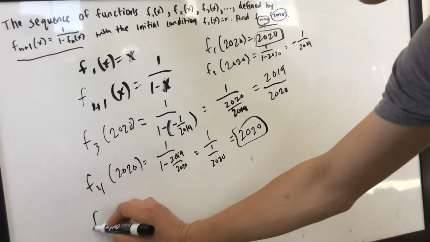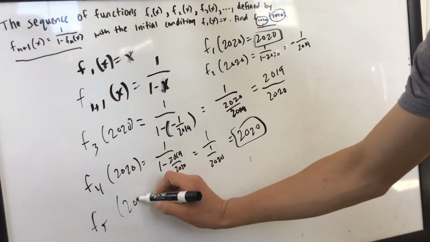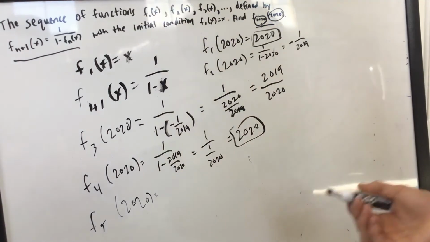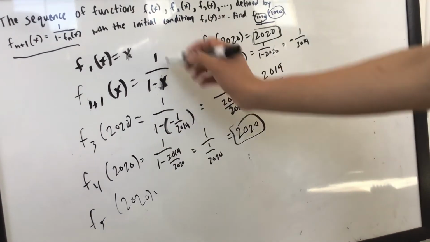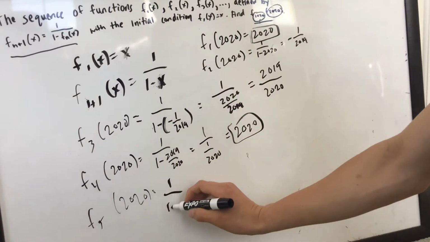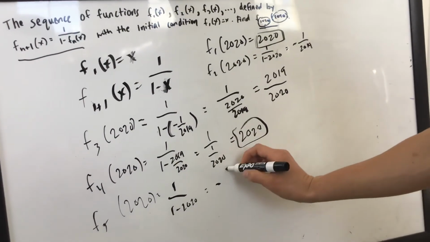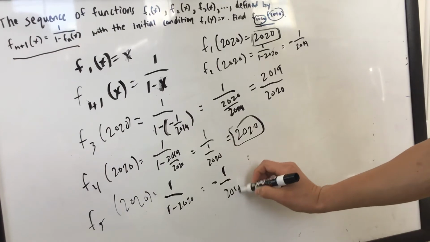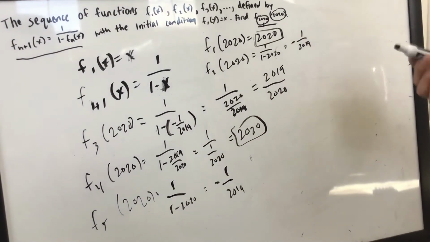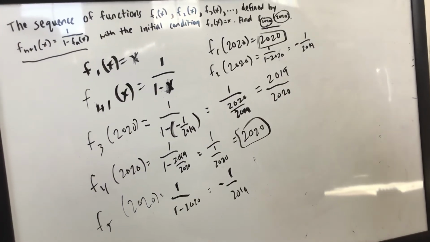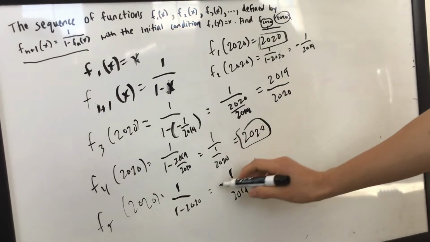So if we continue this pattern, just to be sure that this pattern's correct, if we just plug in a 2020 back into this equation, we get another 1 over 1 minus 2020, which is essentially equal to negative 1 over 2019. So as you can see, every 3 numbers, there's a repetition in which the same number repeats.